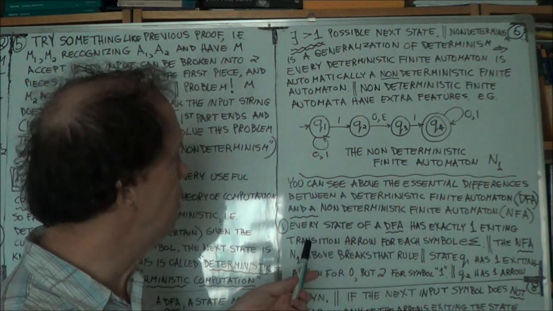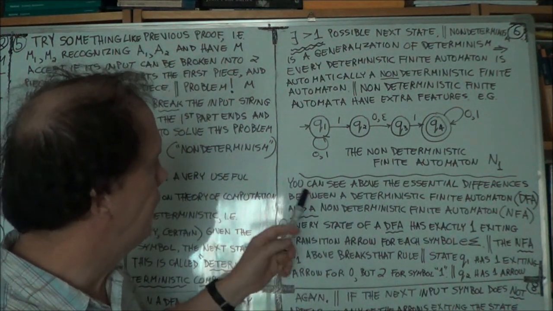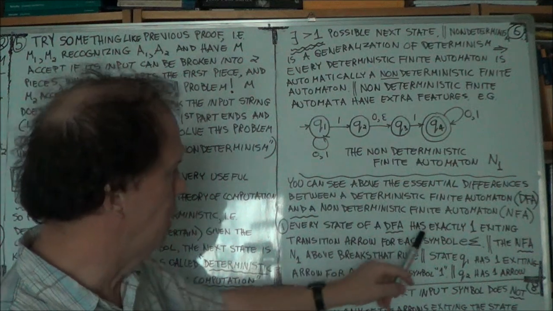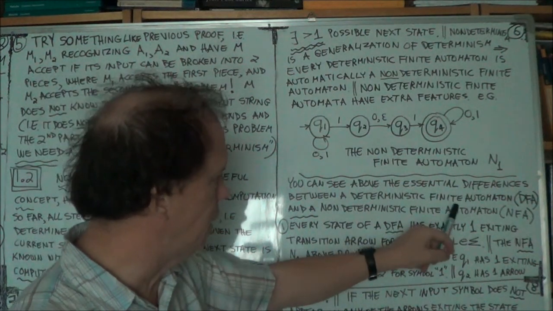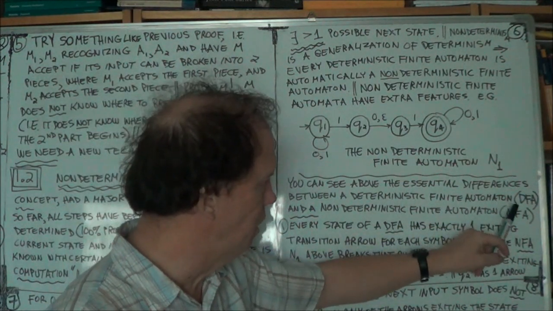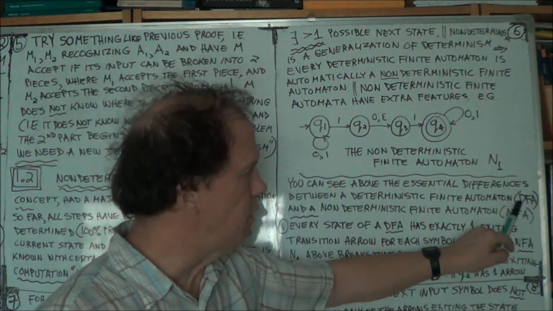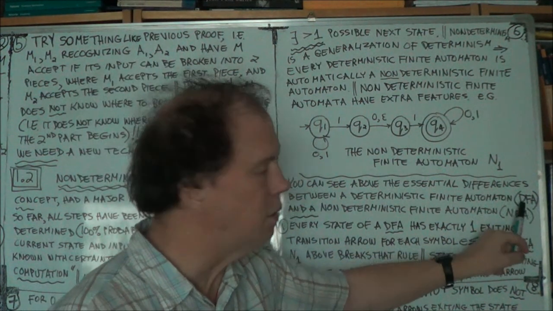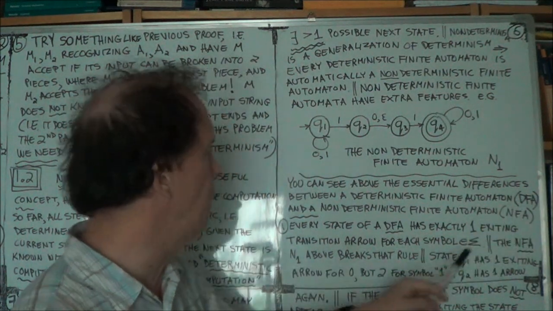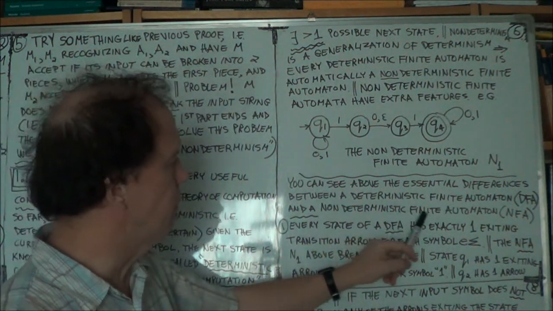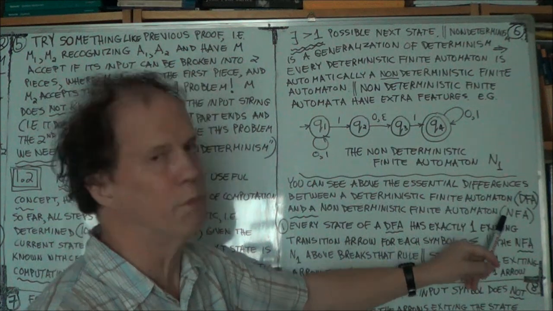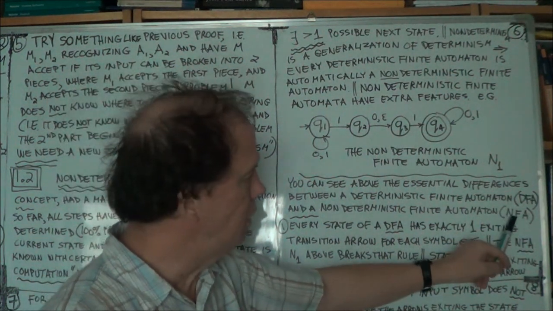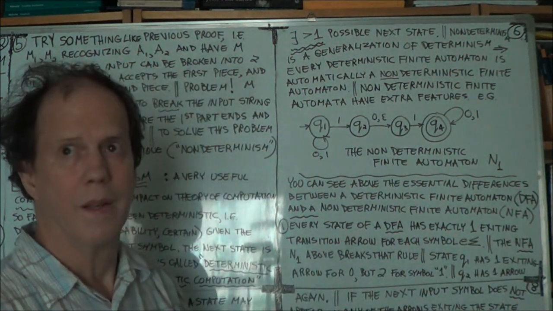A deterministic finite automaton gets abbreviated to DFA. Remember that, because we will use this a lot in the future. And a non-deterministic finite automaton gets abbreviated to NFA.